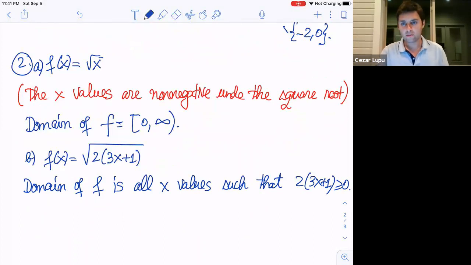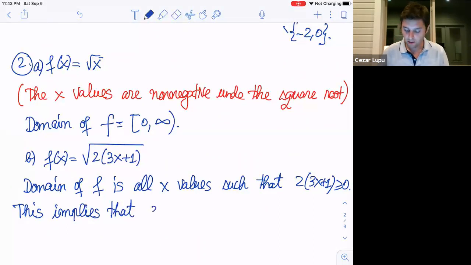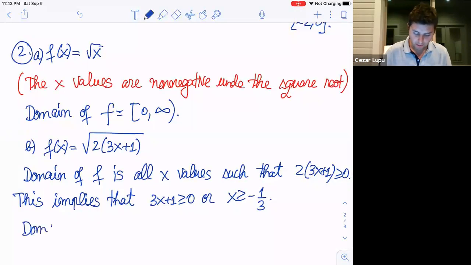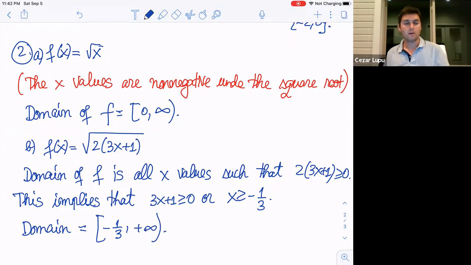And now we can solve this inequality, which we did in the previous lecture. This implies that 3x plus 1 is greater than or equal to 0, or equivalently, x is greater than or equal to negative 1/3, right? That's easy to see. So the domain will be the interval [negative 1/3, positive infinity). So that's the domain of the function square root of 2 times (3x plus 1).